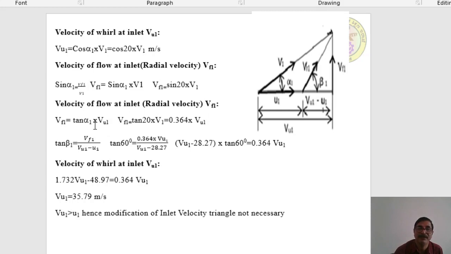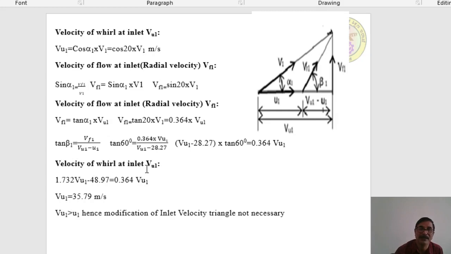Again, VF1 is equal to this formula. Let's write down as it is. Next, tan beta 1 is equal to Vf1 by Vu1 minus U1.